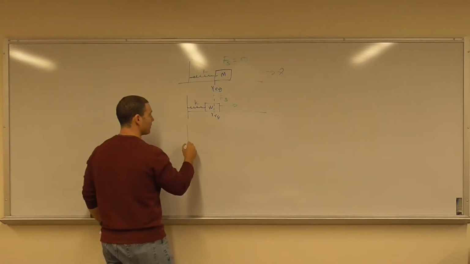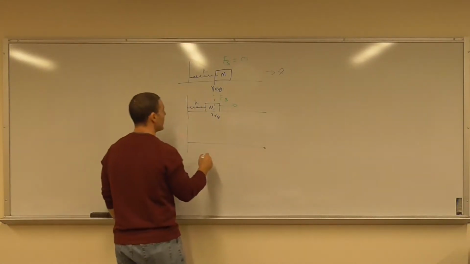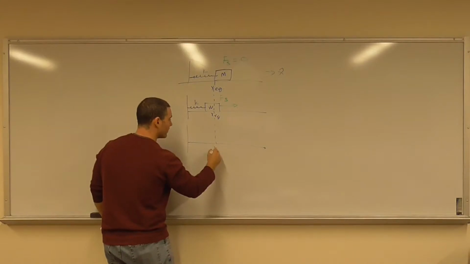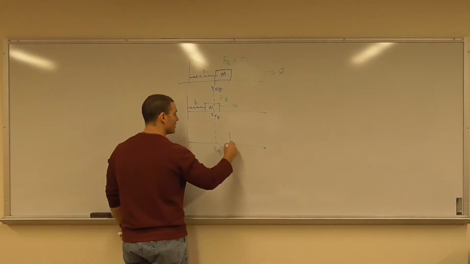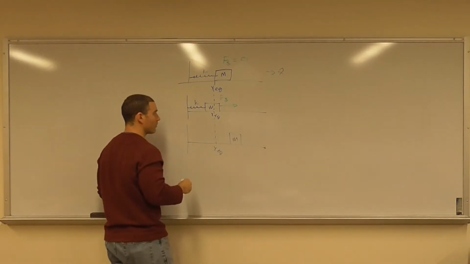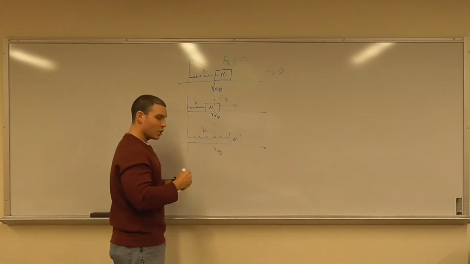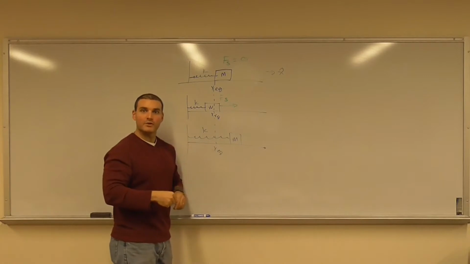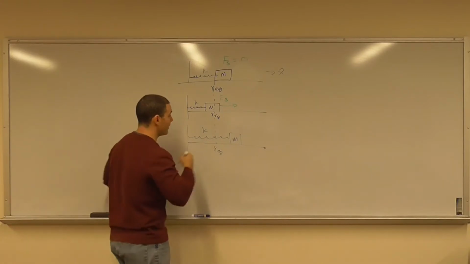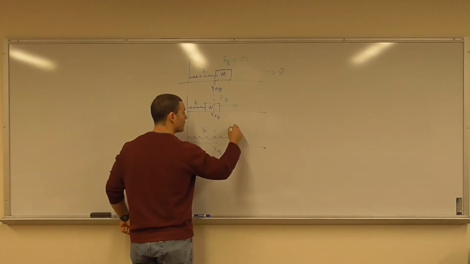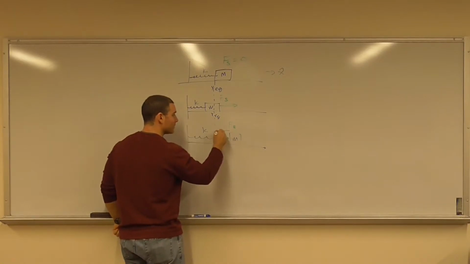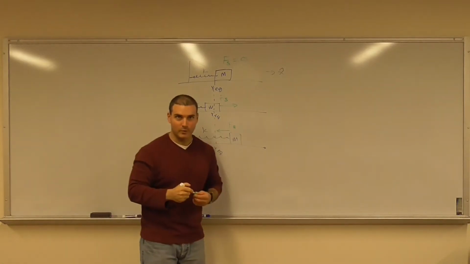Finally, the third case: relative to the same equilibrium position, if the mass is over here and the spring is stretched, well, it's too long. The spring wants to return to its length, and so the force by the spring on the mass is in that direction.